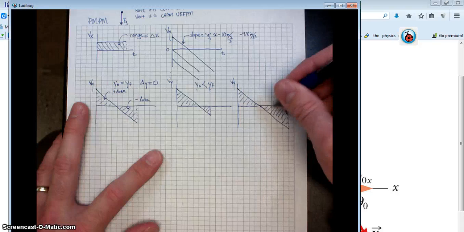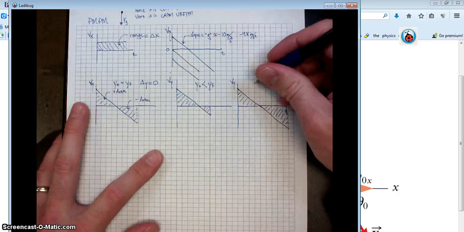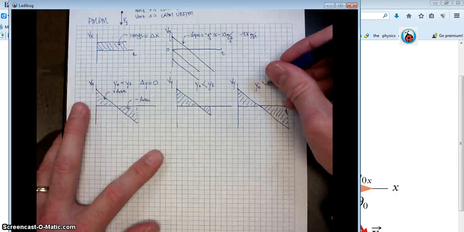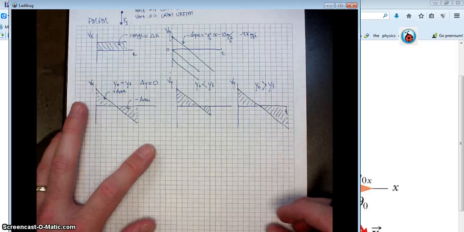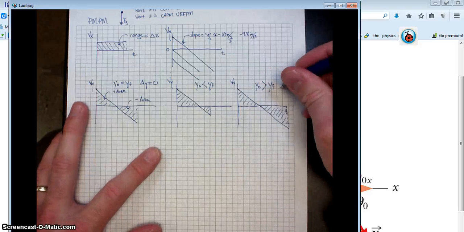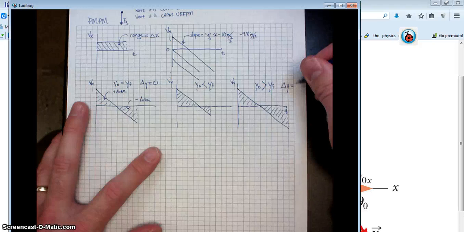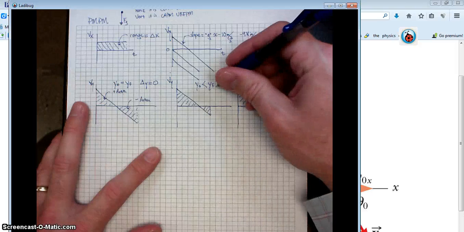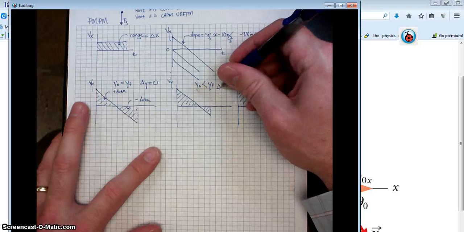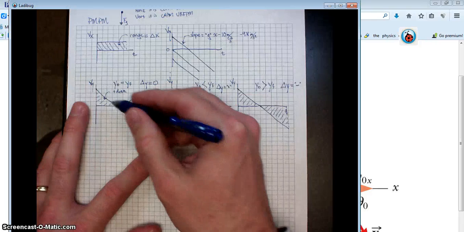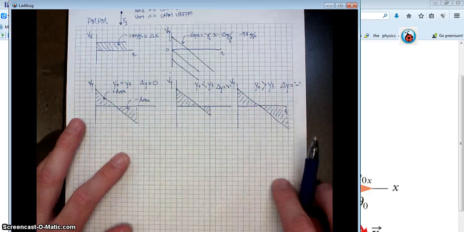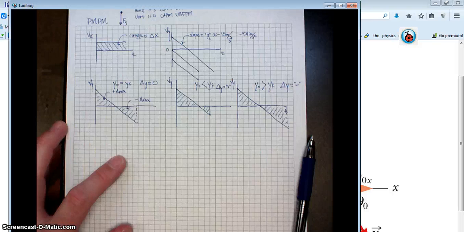So if we add these two things together, we would see that the initial vertical position is greater than the final vertical position. Okay, so the delta y is going to be some kind of a negative value. Here the delta y would be positive, and here where the graph is symmetrical, that means that the delta y is 0.